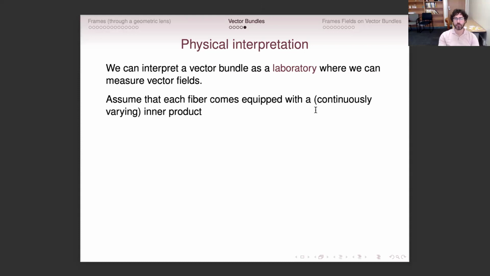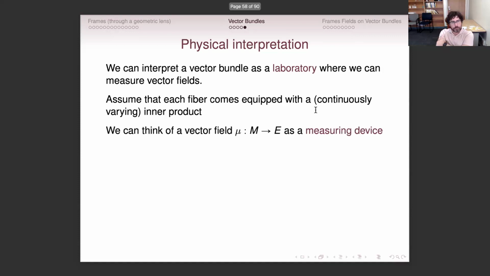Let's assume that our vector bundle comes equipped with a continuously varying inner product. My vector bundle is built out of a bunch of vector spaces, and I'm assuming that each of those vector spaces comes equipped with an inner product. And that if I move a little bit in the vector bundle to a different vector space, the inner product doesn't change very much. So that's the setting I'm in.